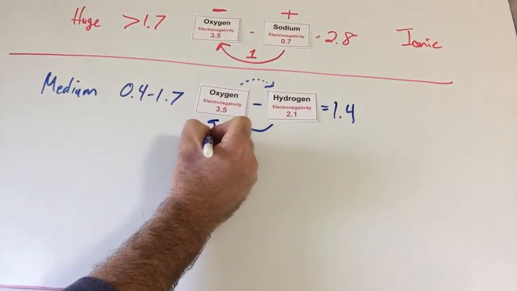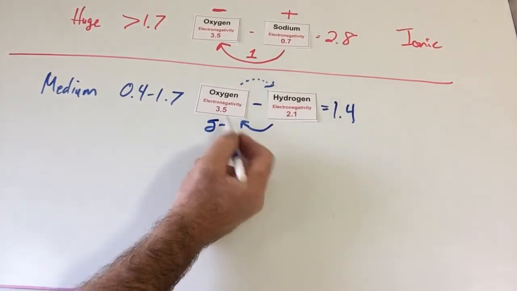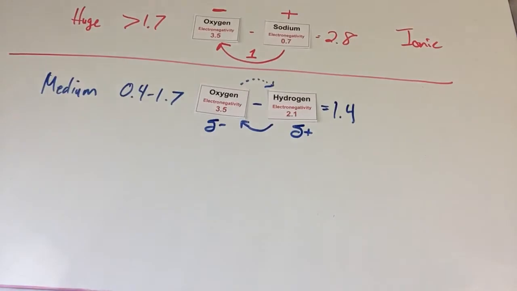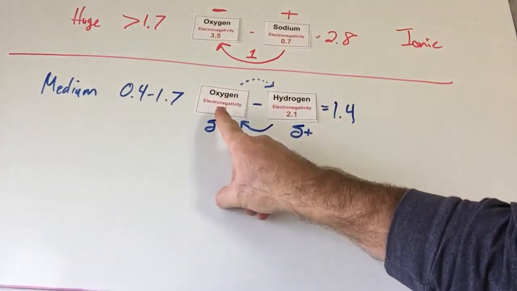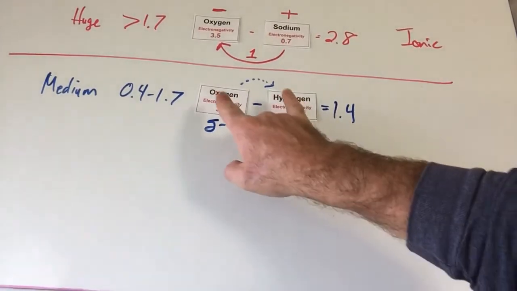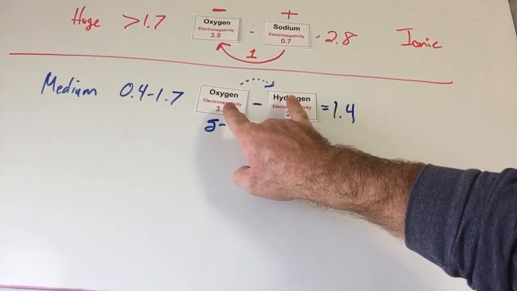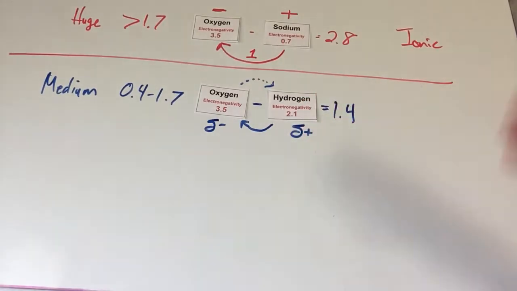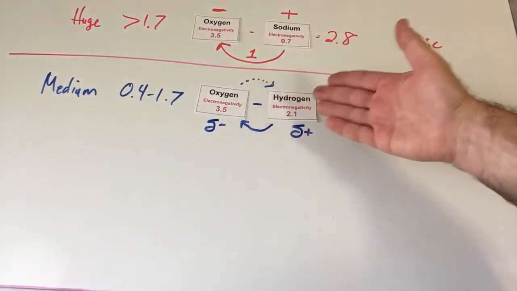And what that means is this is kind of negative, this is kind of positive, but not all the time. If I were to have a strobe light flashing on this relationship, most of the time there'd be more electrons around oxygen. But occasionally there would be a couple of flashes where it's actually balanced out. And there might even be one flash where hydrogen actually has more electrons because this just happened on a fluke.